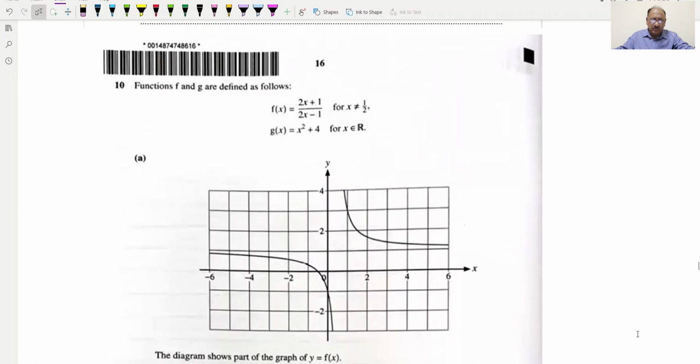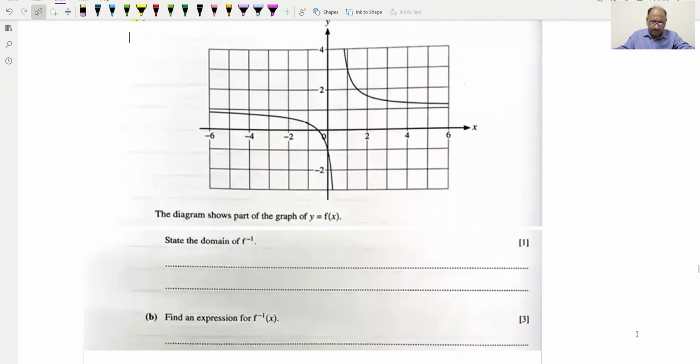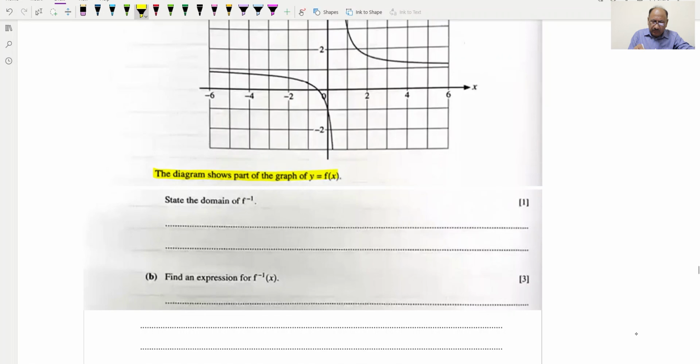Now question number 10. Question number 10 says functions f and g are defined as follows. These are the functions. x is not equal to 1 by 2, and g of x is this one. In part a they are saying the diagram shows part of the graph y is equal to f of x.